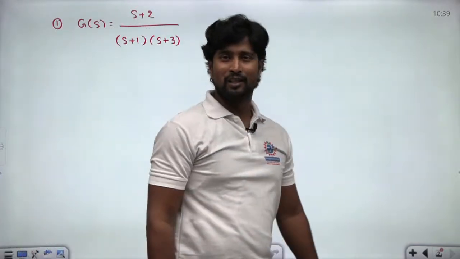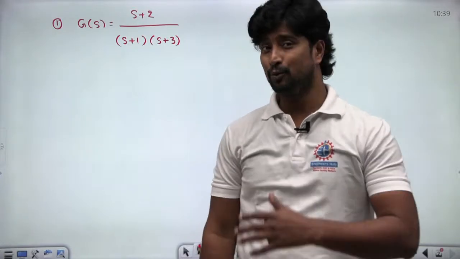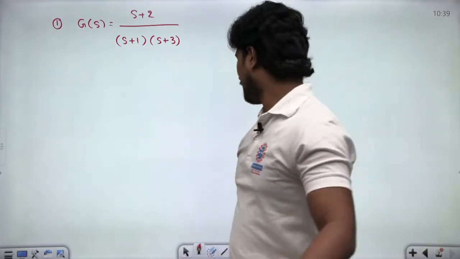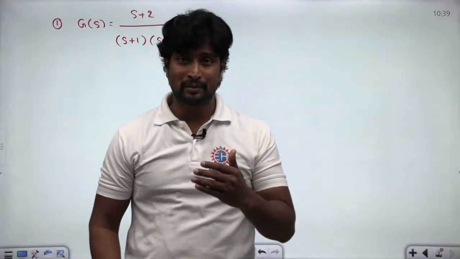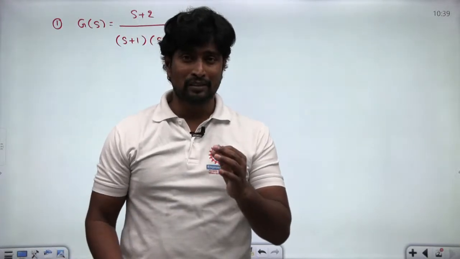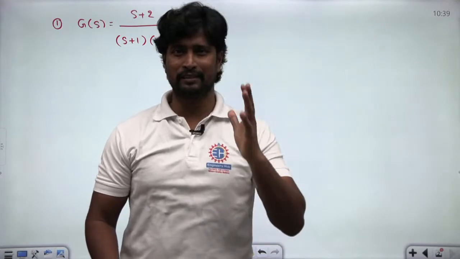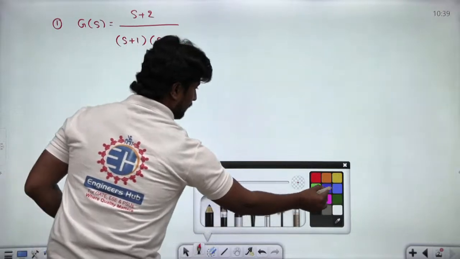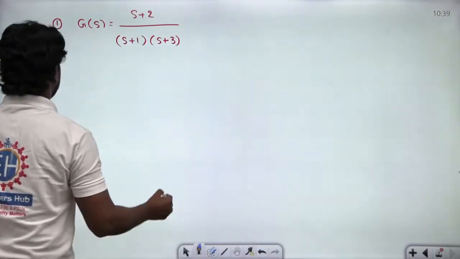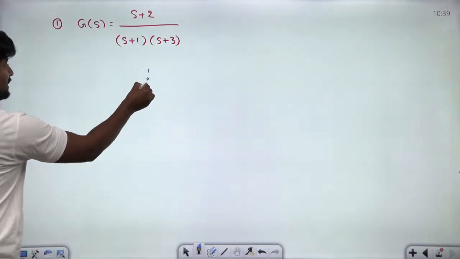So how do we design the polar plot in a quick manner using the table? Ready? Guys, one by one, step by step, I would like to introduce it. Please listen carefully. You will feel it is very easy. So I'm taking the S plane.